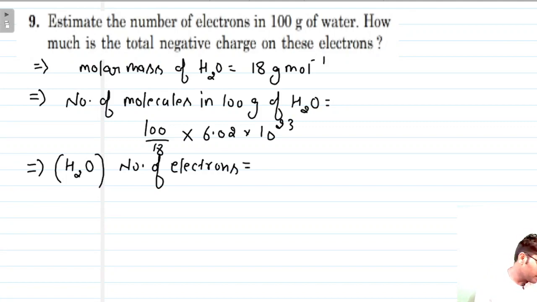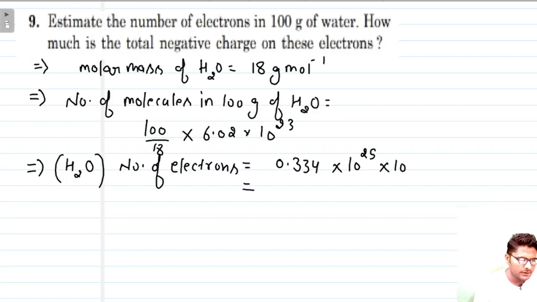First, question number 9, the calculation is 0.334 into 10 raised to power 25, and multiplied by 10, because there are 10 electrons in each molecule.